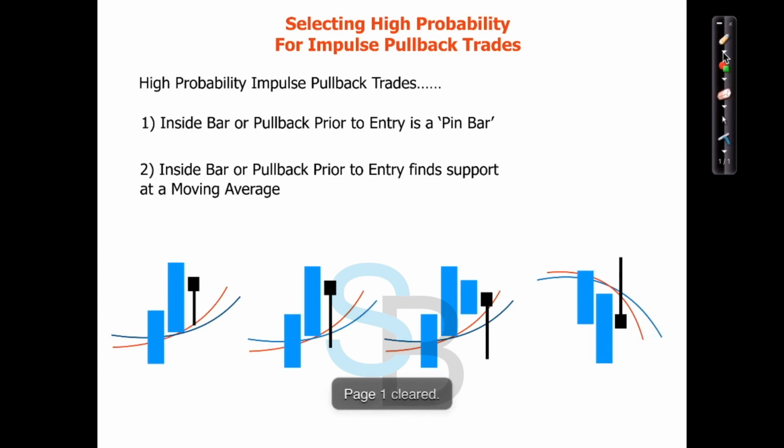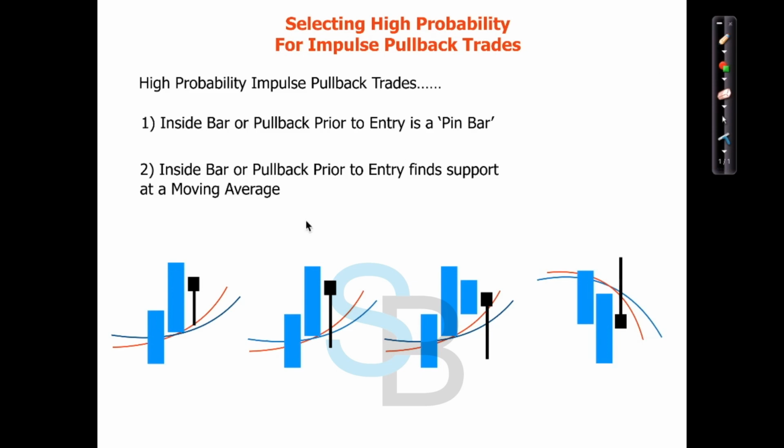So now that you know what a pin bar is, for an impulse pullback to have the highest probability, I want to ensure that the inside bar or the pullback prior to entry is a pin bar, a bullish pin bar if I'm going long, a bearish pin bar if I'm going short. In addition, I would also like to see that the inside bar or the pullback prior to the entry is finding some kind of support at one of the moving averages, either the 6 or 18 exponential moving average.